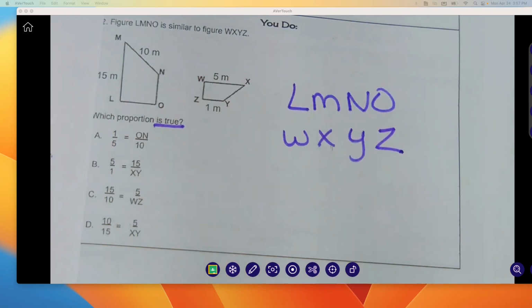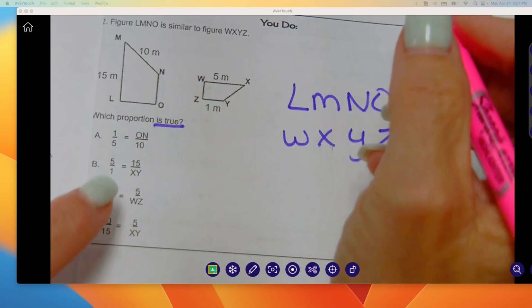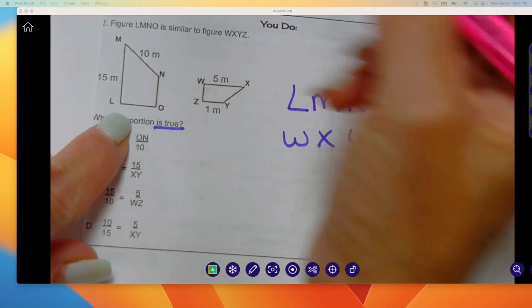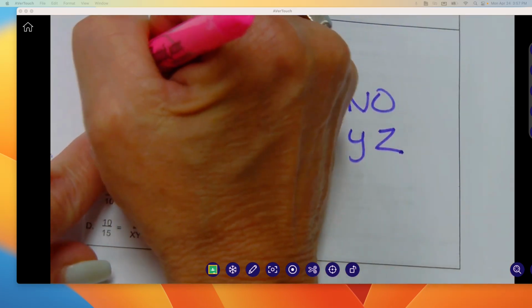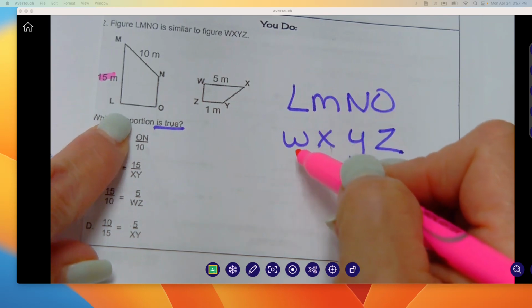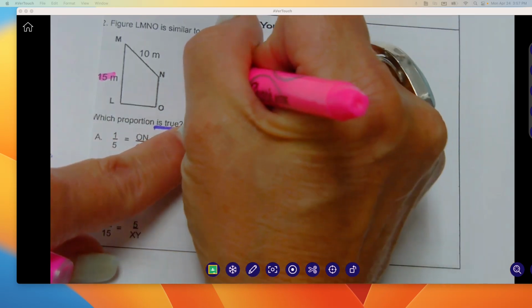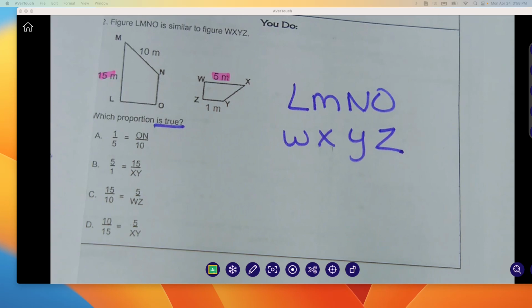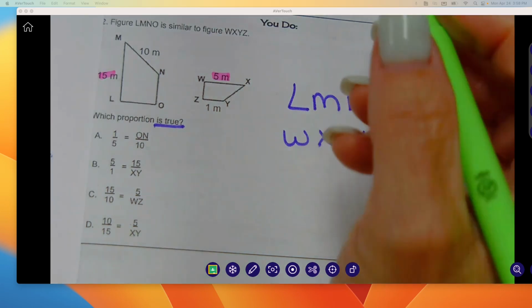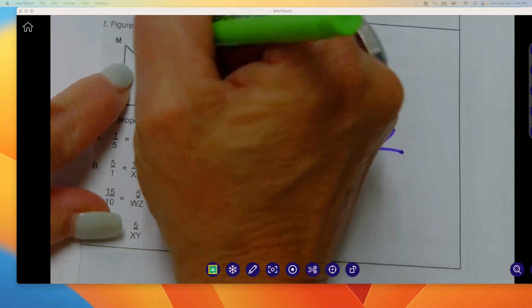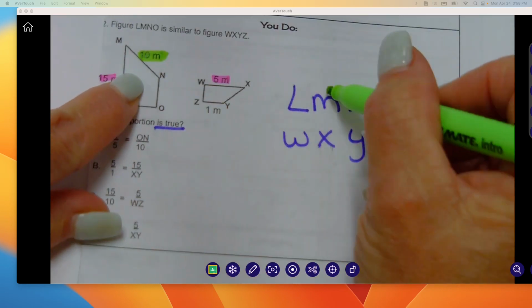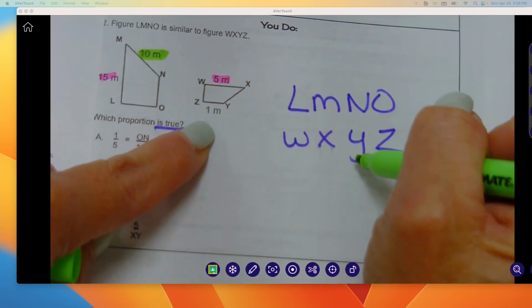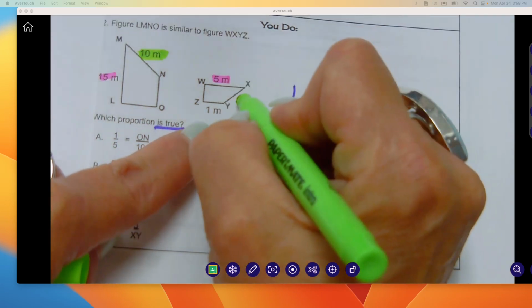So to make this easier, what I'm going to do is I'm going to highlight. We know LM, so 15 corresponds with WX, so 15 and 5. Then we have MN, so 10. MN corresponds with XY, so XY.